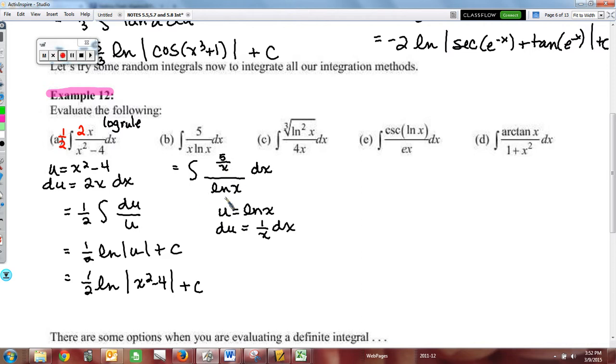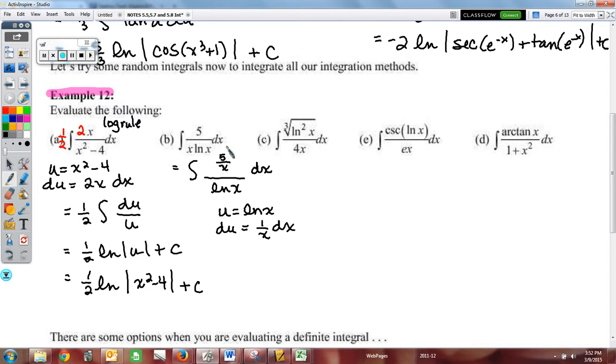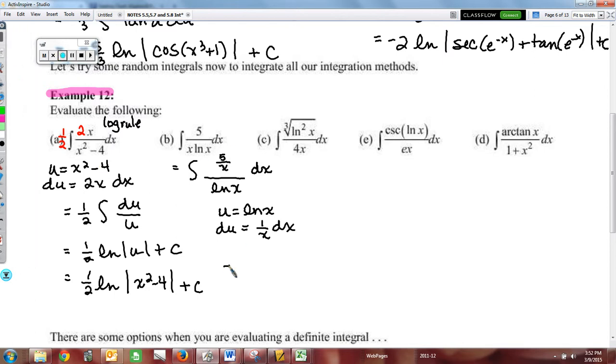I'm trying to make sure that my derivative of u is in the numerator so that I can get this in the correct form. Now the 5 in this problem is actually a writer, so I'm going to pull that out, and then I would have my 1 over x over natural log of x dx.